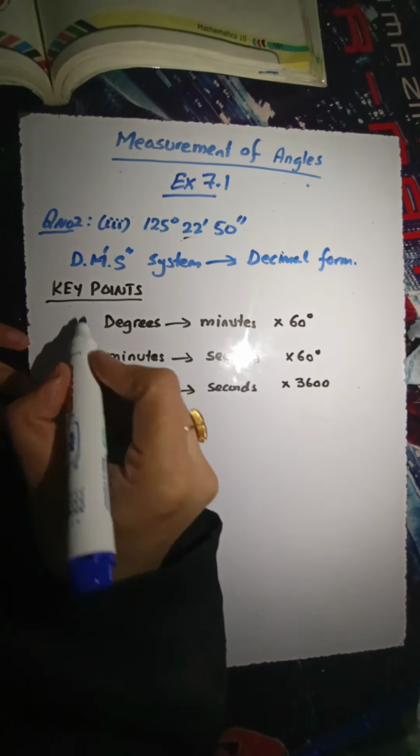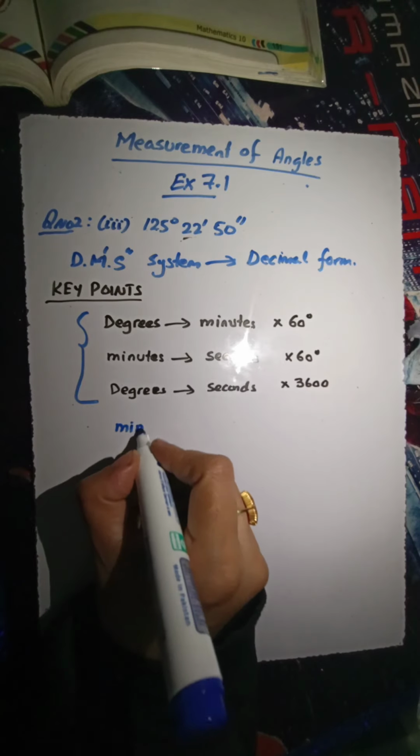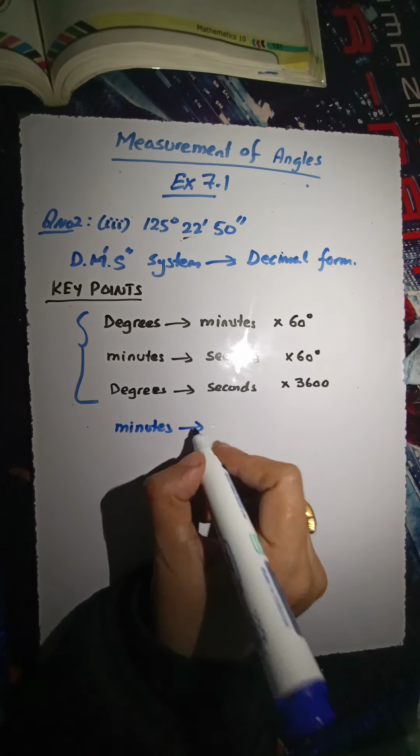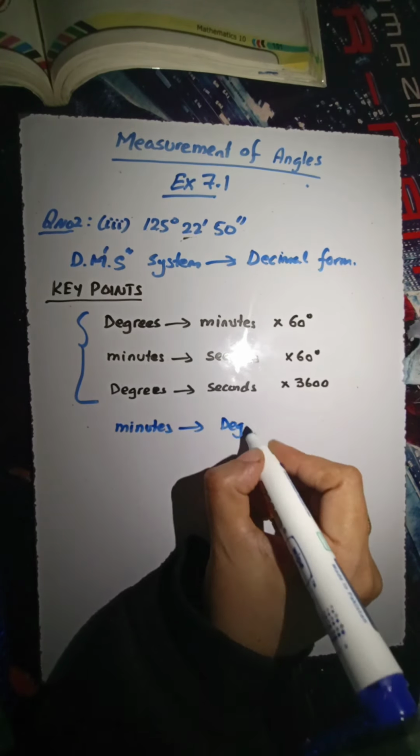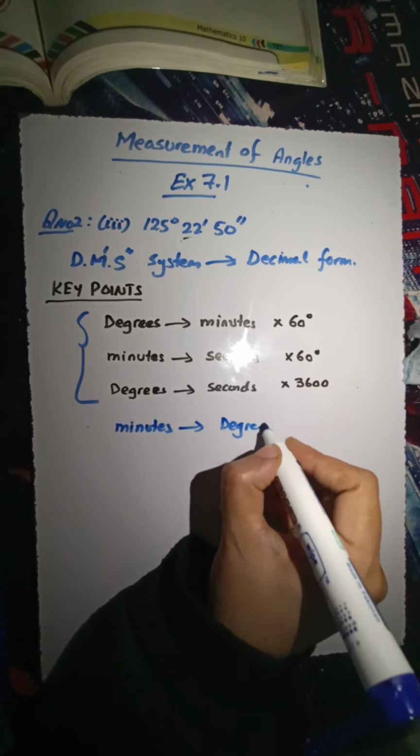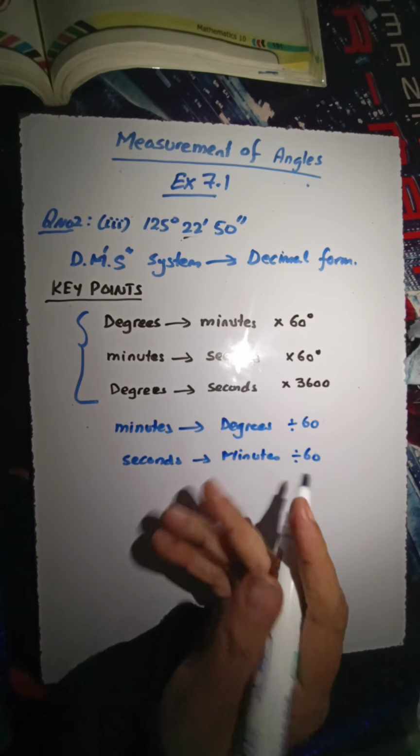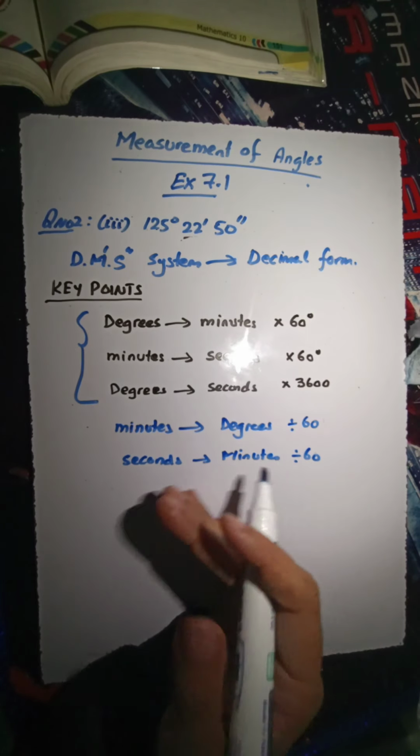And when you go in reverse, when you want to convert minutes into degrees, you are going to do the division, because you are going from a smaller unit to a larger one. Similarly when you go from seconds to minutes, again you are going to divide by 60, whatever number of seconds you want to convert to minutes.